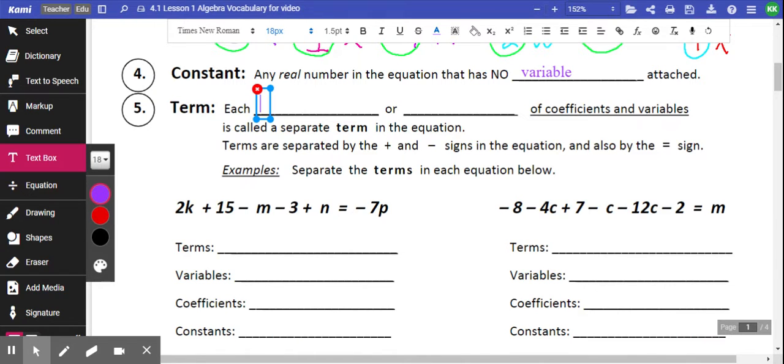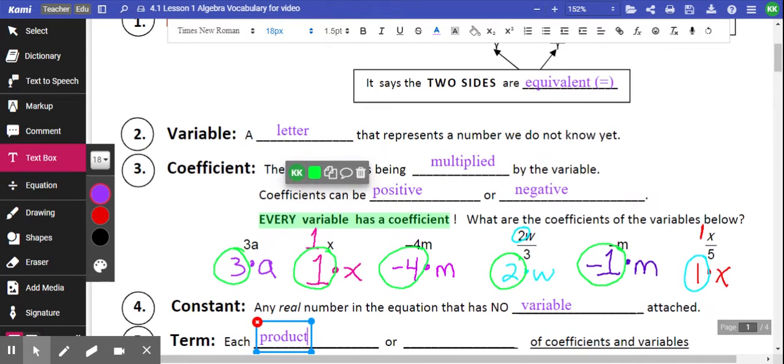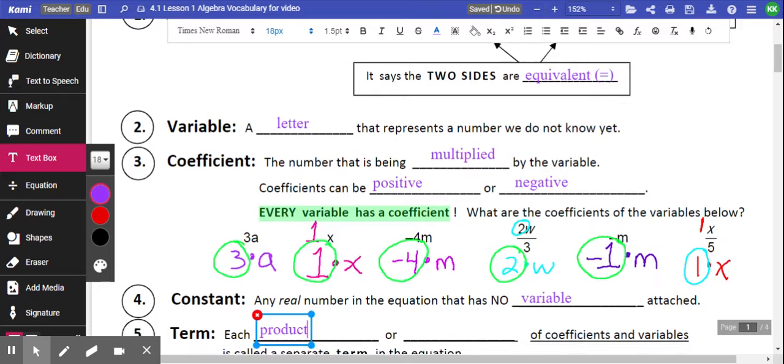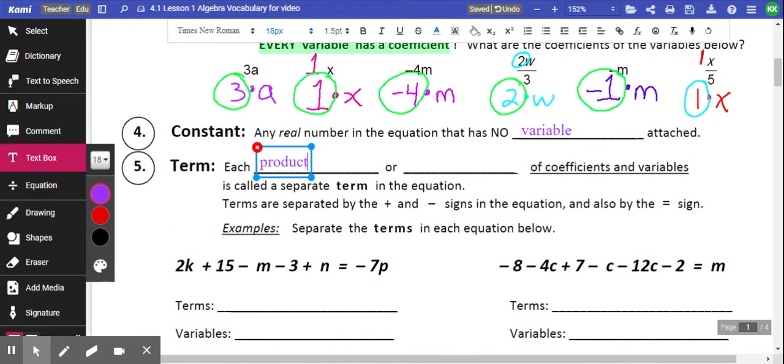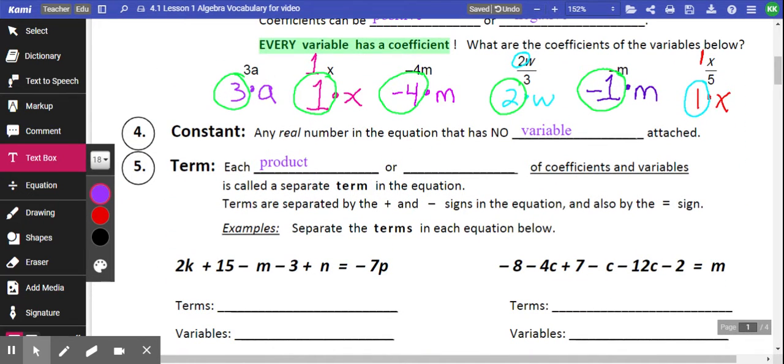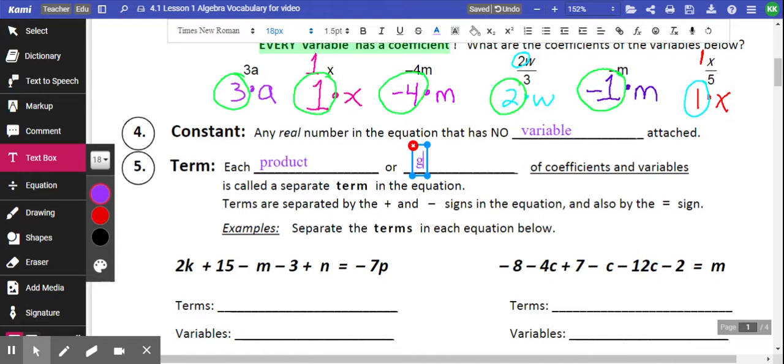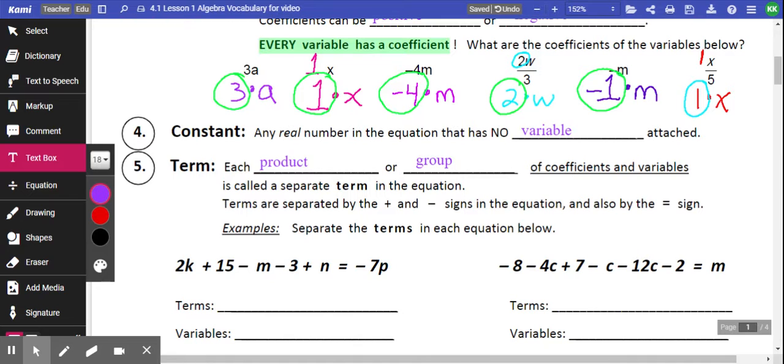So each product, that means the coefficient and the variable, because product means multiply, each product or group of coefficients and variables is called a separate term in the equation.